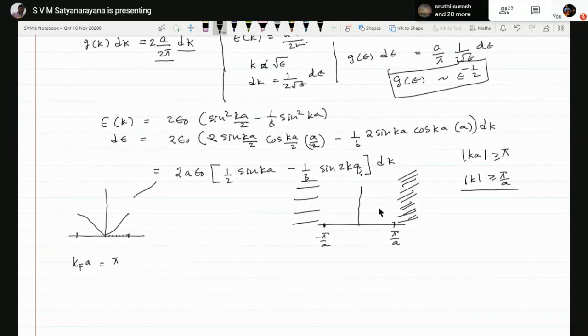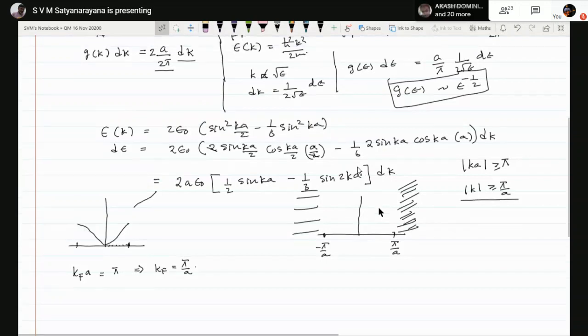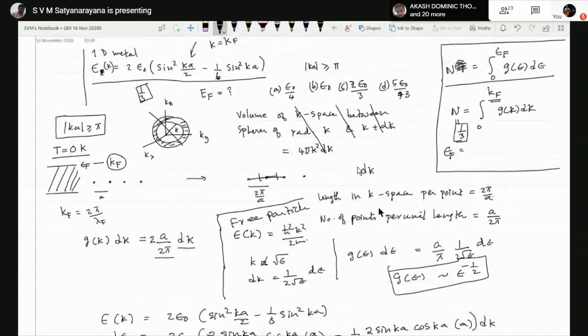So that is the edge of the first zone. Then your kF will be equal to 5. So if I use this, then this term will become 0. This term becomes 1. Epsilon F of k is 2 times epsilon naught.